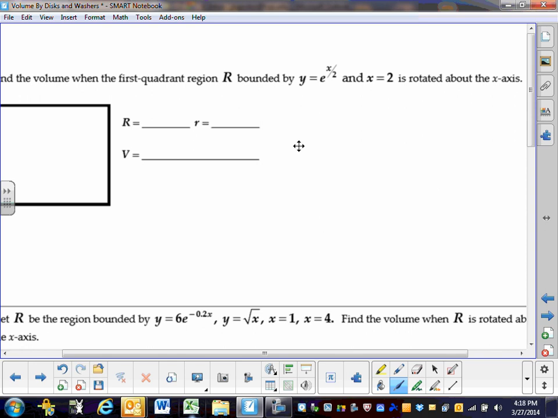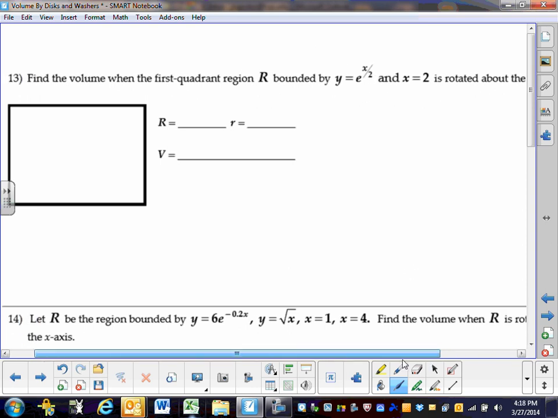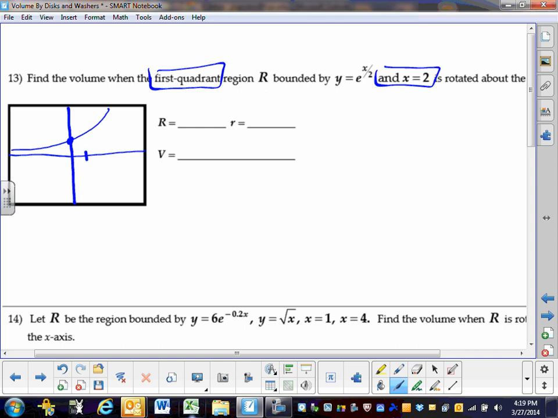Okay, so again, this is a growth function because e is raised to a positive power. So the half slows the growth down a little bit, but not that much. So we're still talking about e being a growth function, and e to the 0 over 2 is still going to be 1. And it wants the volume in the first quadrant with x equals 2.